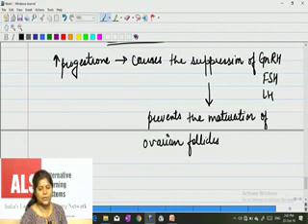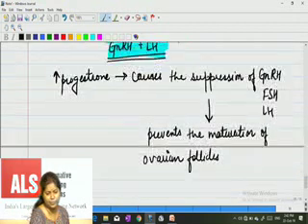So this is the same concept we are using in contraceptive pills as well, the progesterone pills.